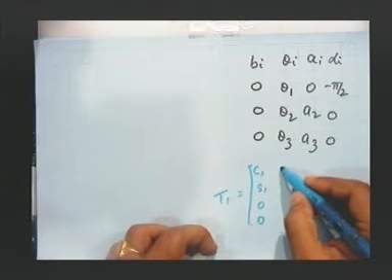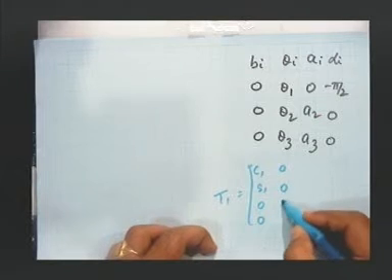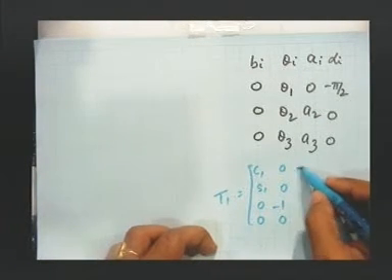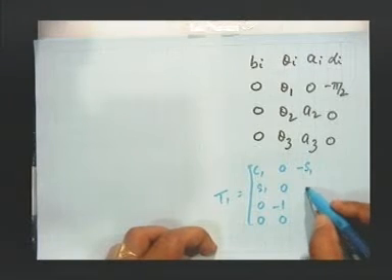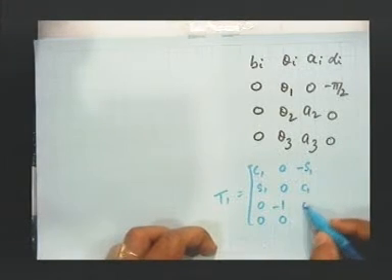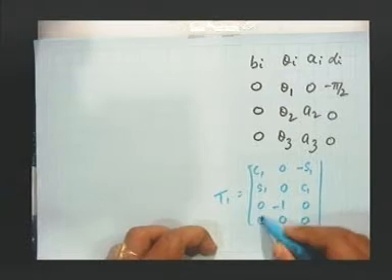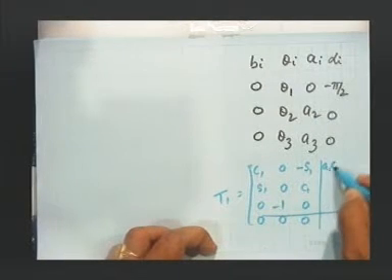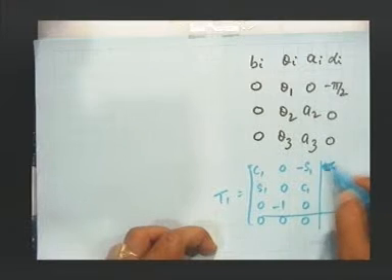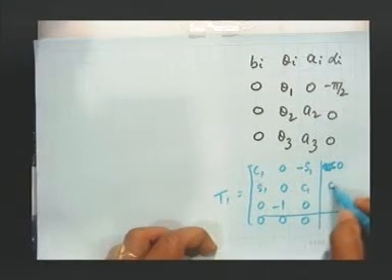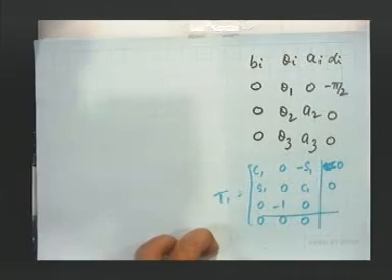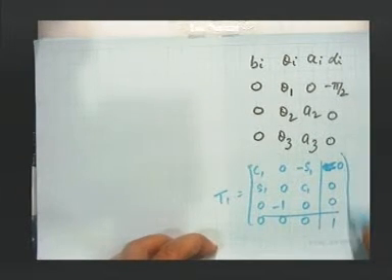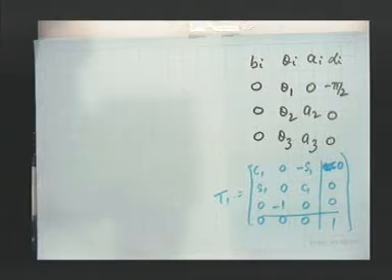Then 0, 0, 1, 0, this is minus 1, this is minus sin theta 1, cos theta 1, 0, 0, and then I have a1 cos theta 1, so a1 is 0, so this will be 0, 0, and d1 is 0, 1. So, I have just noted down the T1.